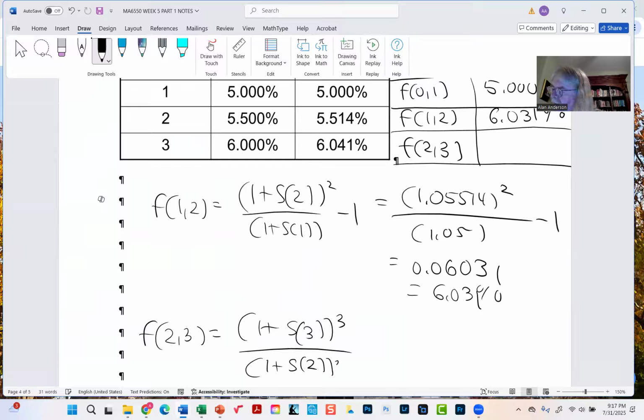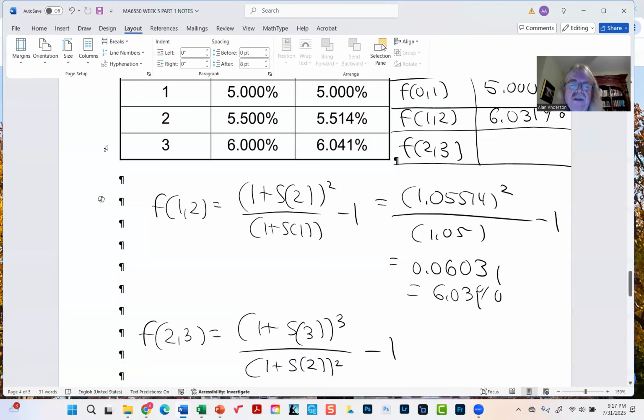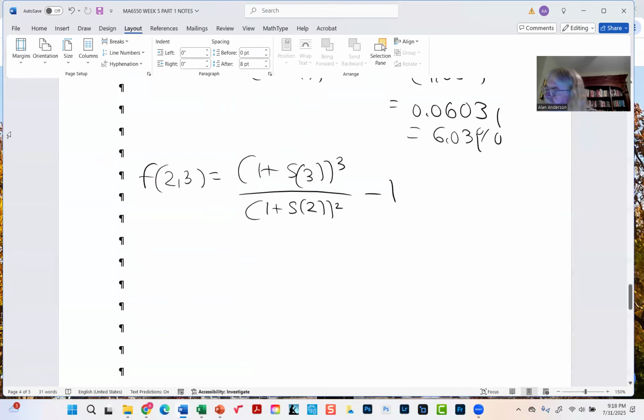we're seeing it's S3 cubed over S2 squared. Why is that? Because here's what you're actually doing.